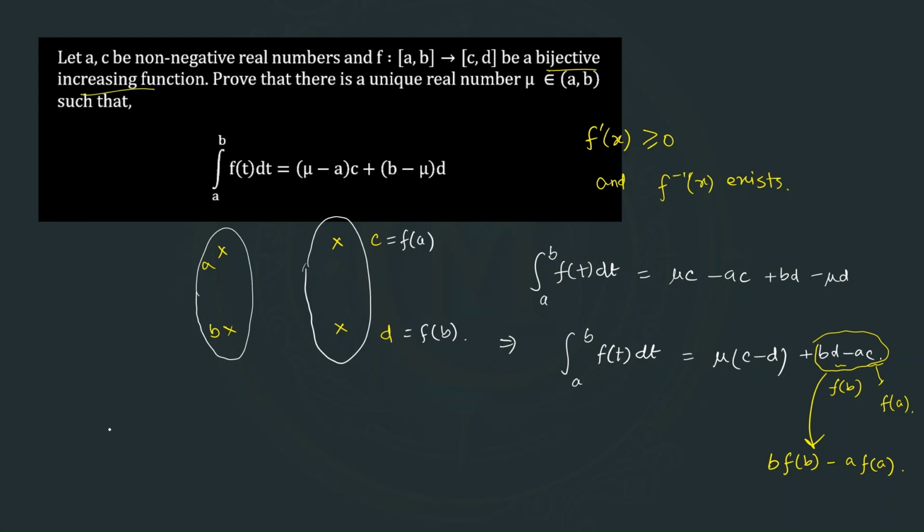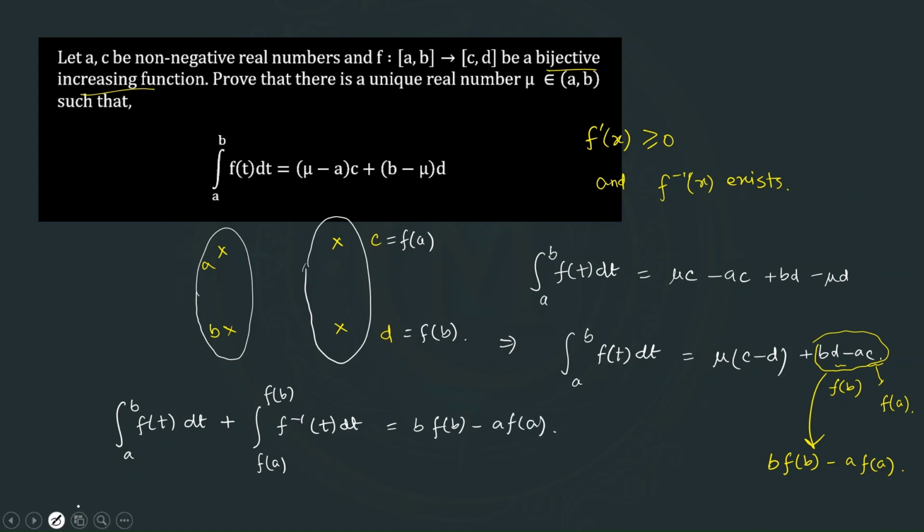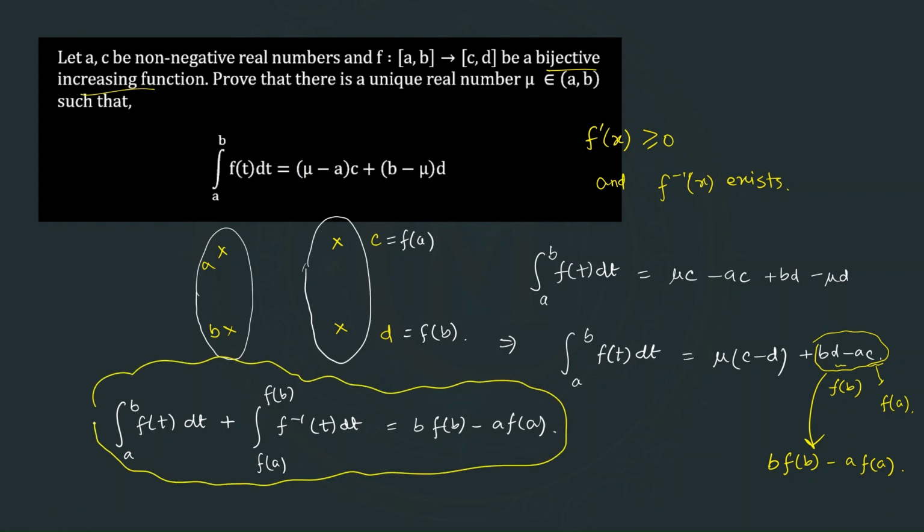So we know that integral a to b f of t dt plus integral f of a to f of b f inverse t dt is equal to b f b minus a f a. So this relation is known to us.